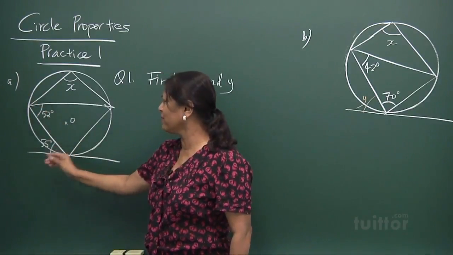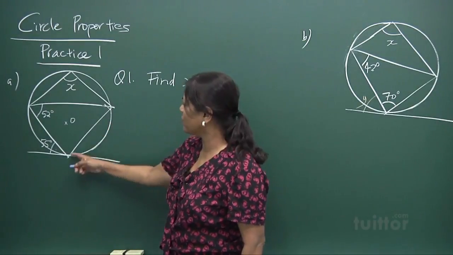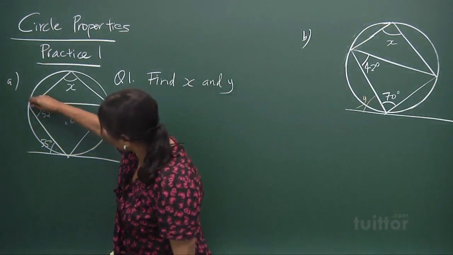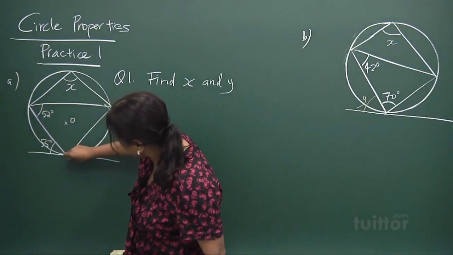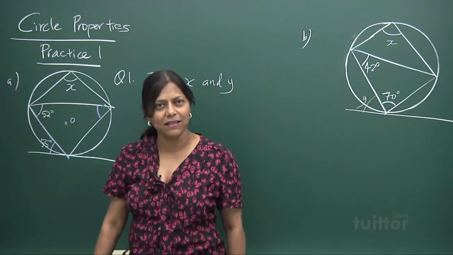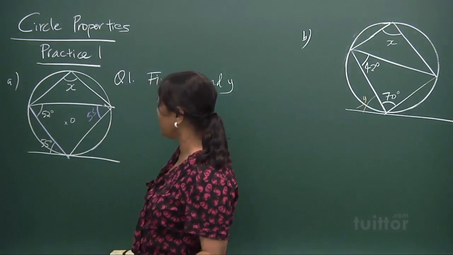So if this is 55, who is 55 now? It must be a triangle looking at this chord. It's a matter of who's looking at this chord. This angle is 55 degrees.